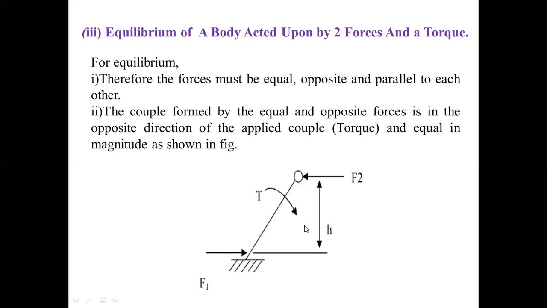That is, the couple formed by these two equal and opposite forces is in the opposite direction of the applied couple and equal in magnitude, as shown in the figure. Therefore, F1 times h, or F2 times h, is the torque that should be equal to T, which is applied in the clockwise direction, to keep this link in equilibrium.